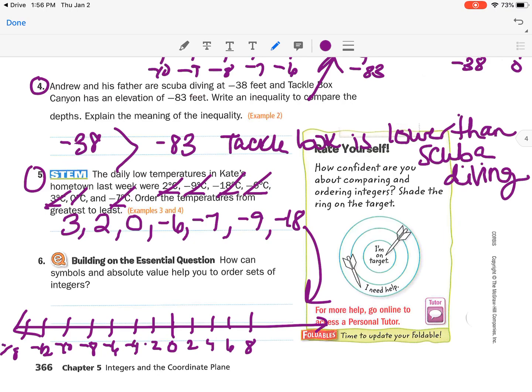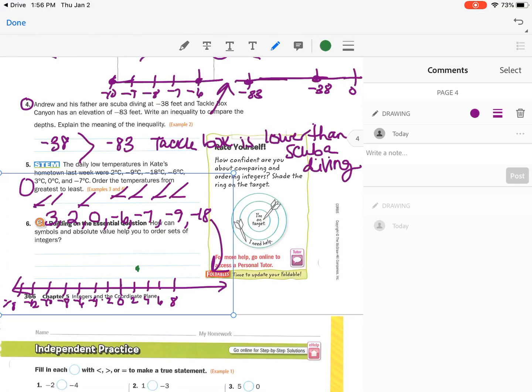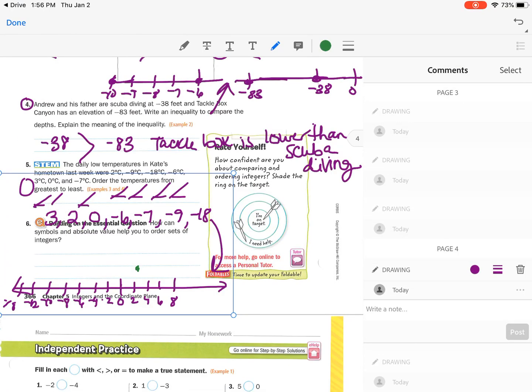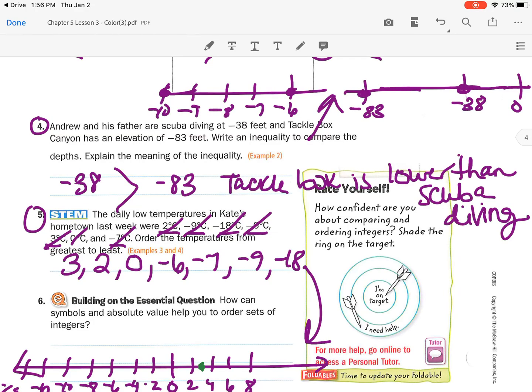Okay, so here's my 3. There's 2. Actually, let me undo that, and let's change color so we can see them a little bit better. So there's 3. There's 2. I don't know why it does that. I'm not sure. Okay, let's try that again.